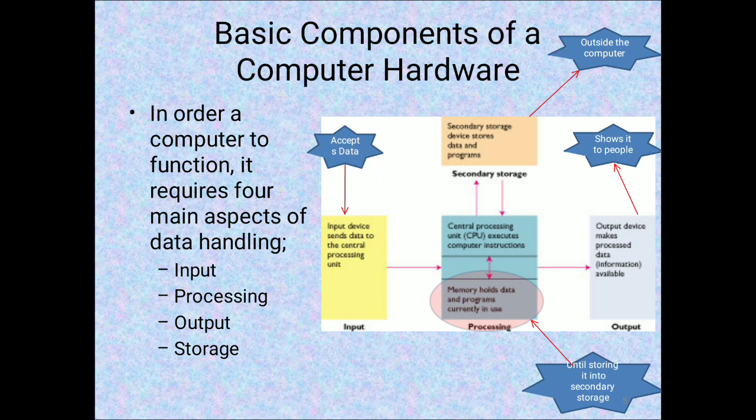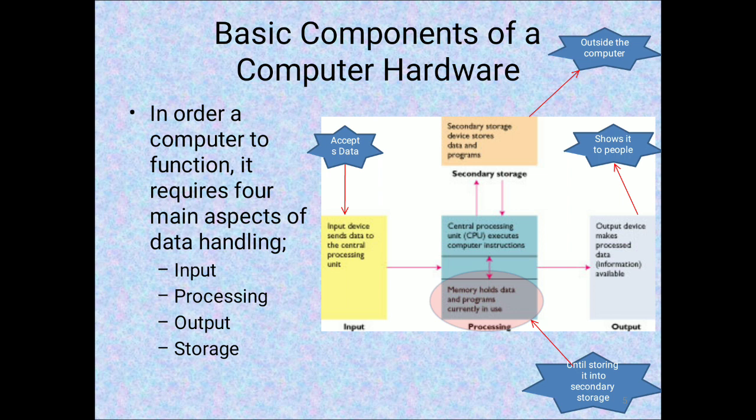Dear students, you can see in the picture given here: first of all, the data goes to the computer system, that is the CPU unit, and after that it comes out as output. Input is accepted by the computer in the form of data. That input is given by input devices like mouse, keyboard, etc.